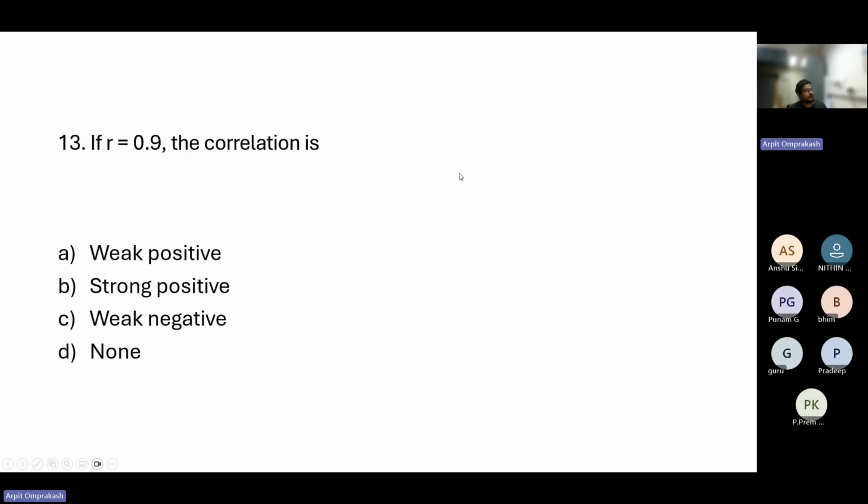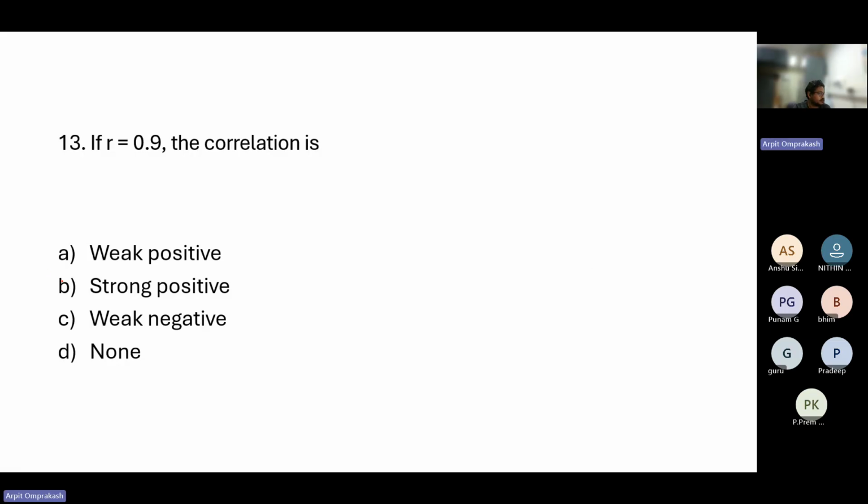If R is equal to 0.9, then the correlation is A, weak positive, B, strong positive, C, weak negative, or D, none. What do you think is the answer, guys? B. Yes.